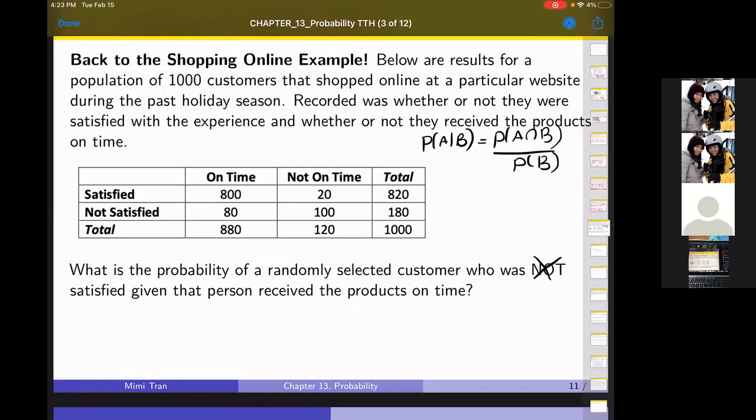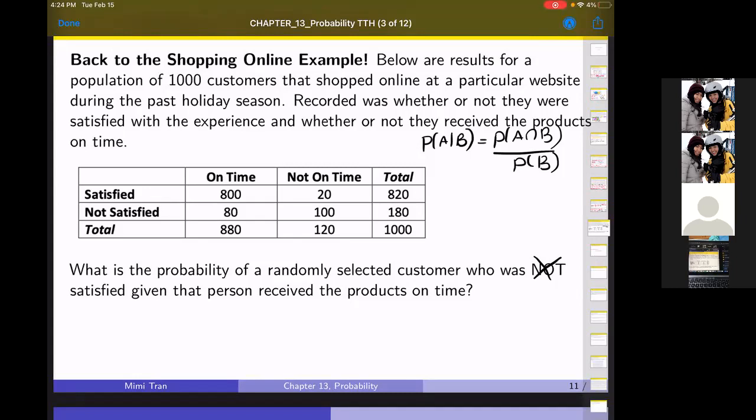What is P of A? What is P of B in this context? Yeah, go ahead. Satisfy will be A, right? And then receive it on time will be B. That's all you have to do.